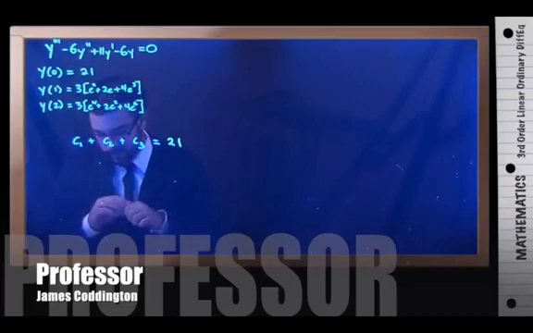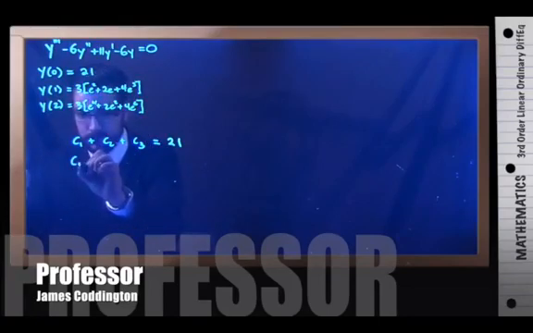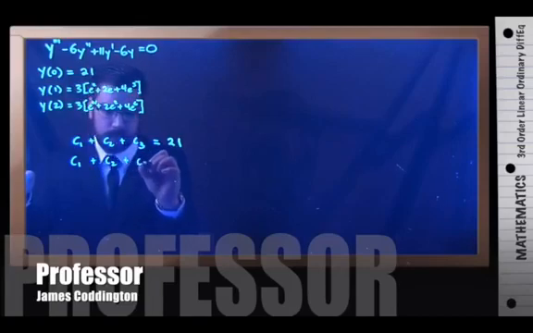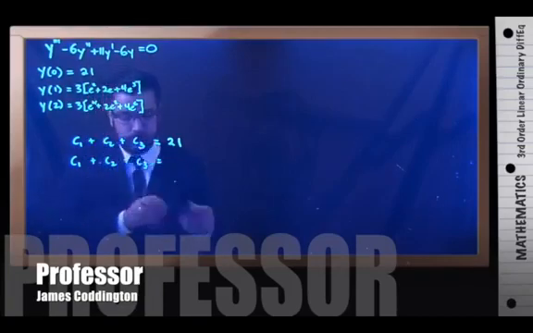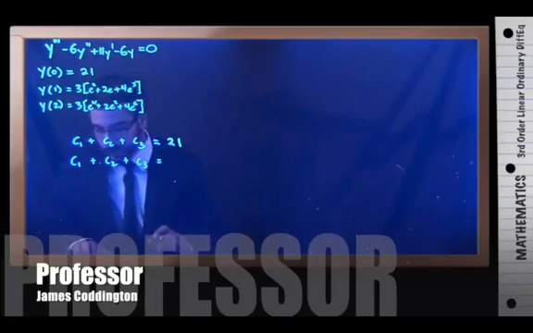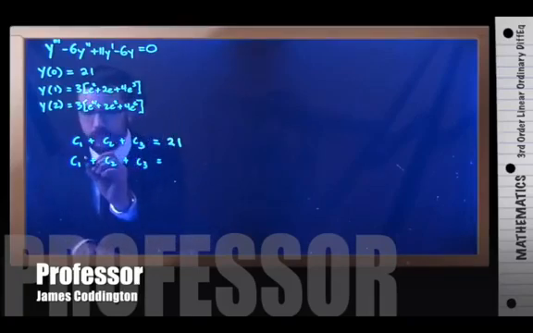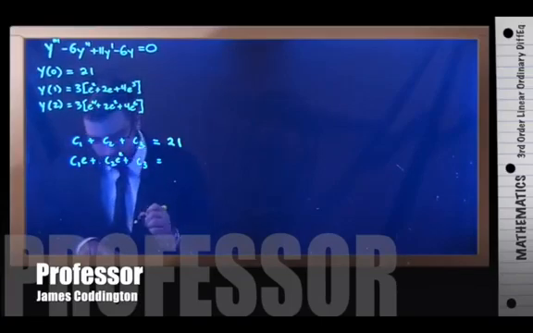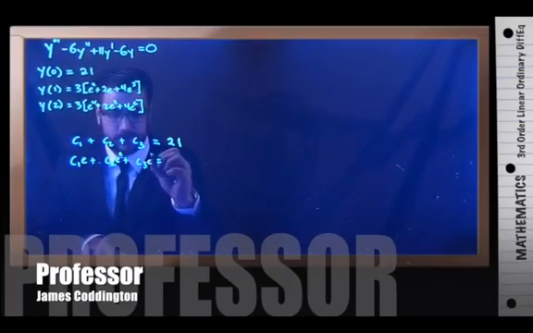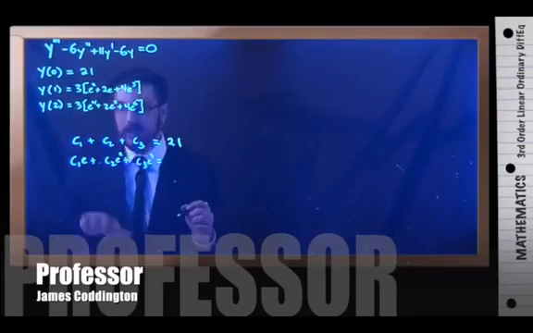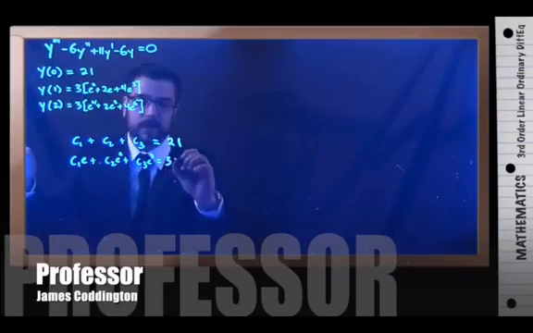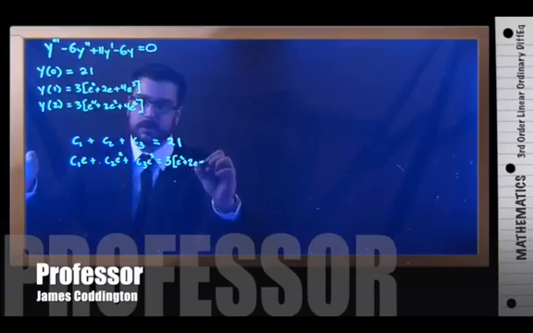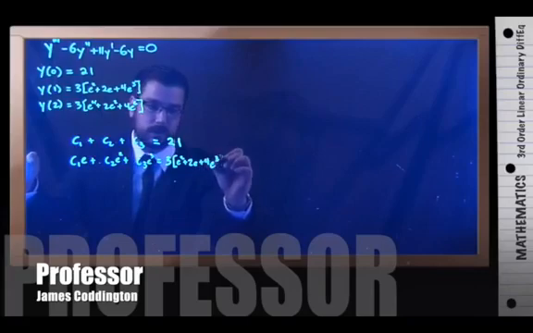Then we have C1 plus C2 plus C3 is equal to, once again, constants will be in yellow. So this is C1 e. This is C2 e squared. And this is C3 e to the third. And that results in this output of 3 times e squared plus 2e plus 4e to the third.